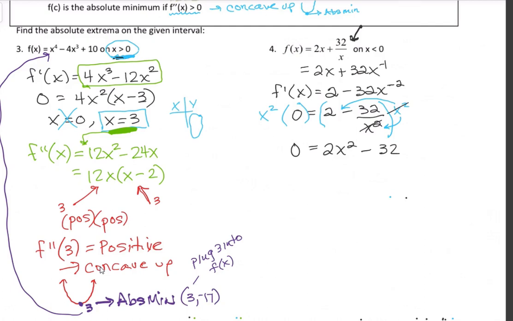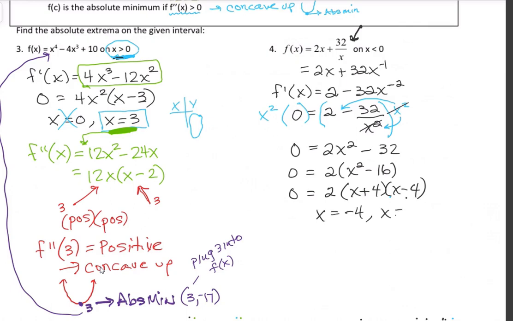Okay, now we can set that equal to 0 and factor out a 2. And then I can factor that as the difference of two squares, x plus 4, x minus 4. And now I finally have my critical values, -4 and 4.